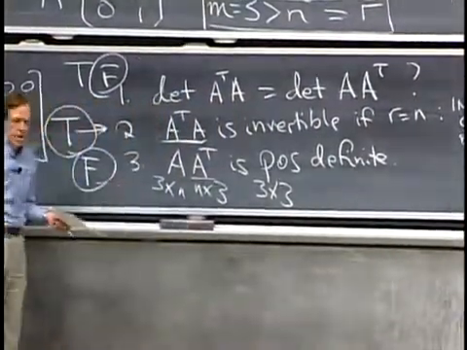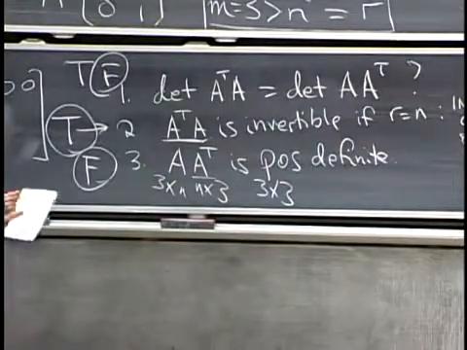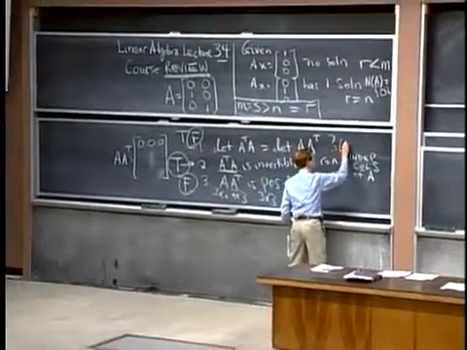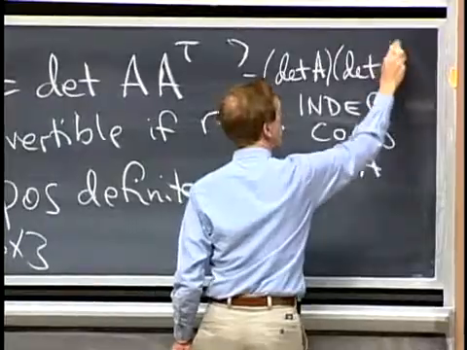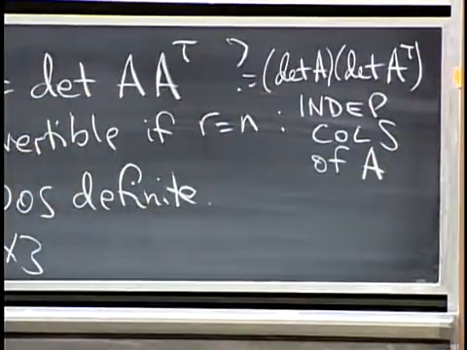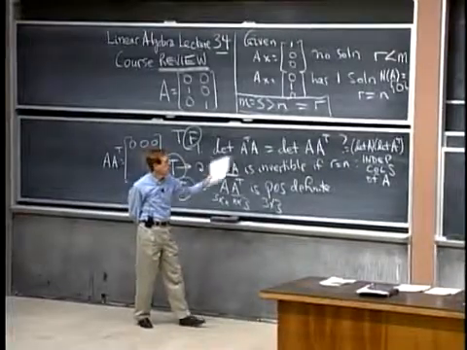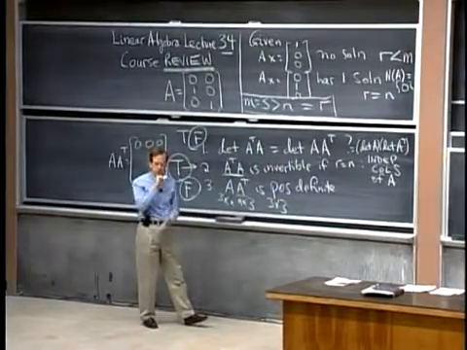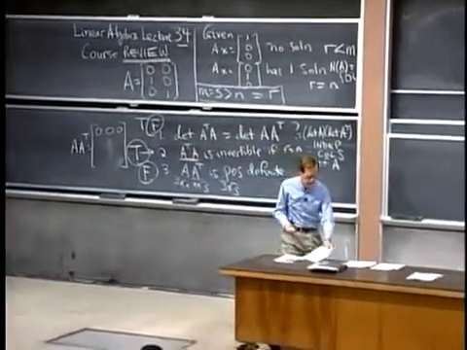It would also equal the determinant of A times the determinant of A transpose. We could even split up those 2 separate determinants, and of course those would be equal. But only when A is square. So the falseness rests on the fact that the matrix isn't square in the first place. Okay, good.